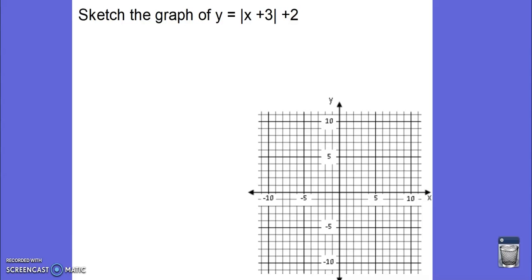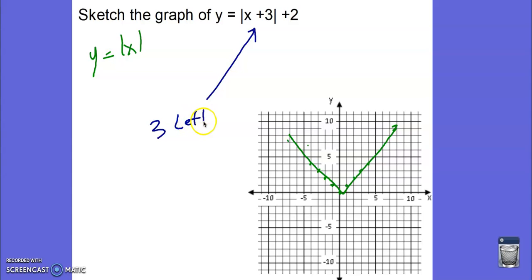Here's another one. Again, the absolute value function. You should know the parent function to be able to do this. It's absolute value, so everything's going to end up being a positive value. But notice this is being shifted 3 to the left and 2 up.